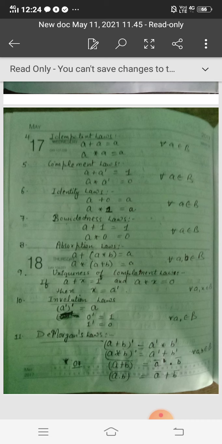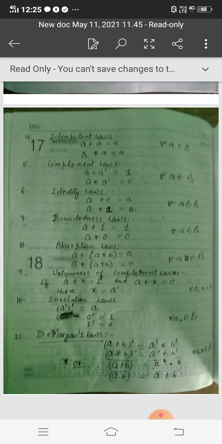Last law, De Morgan's, a very important law. It is the not of the whole bracket. (a + b)' = a' · b', (a · b)' = a' + b' for all a, b belongs to B, or (a + b) bar = a bar · b bar, (a · b) bar = a bar + b bar.